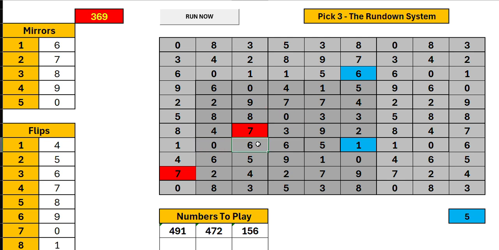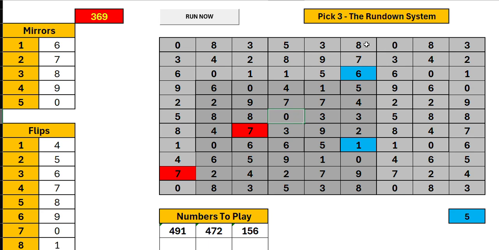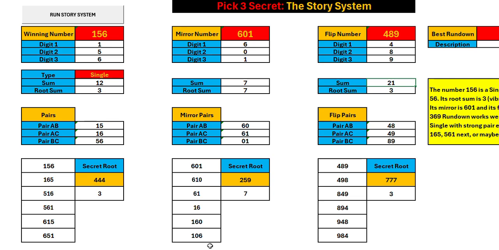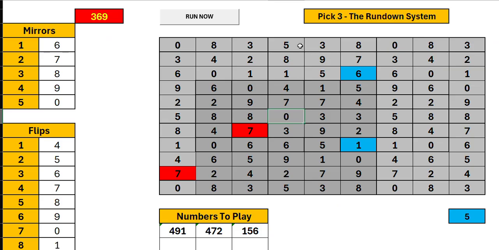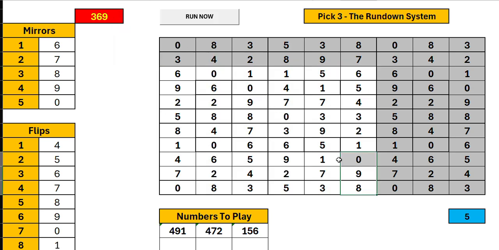I mean, this kind of works because if you look at the 7, it puts the zeros between both sides and puts the 6 below it. And then if you look under the 489, 489 is the sum of 21 still. So you just gotta kind of pick around it, really how you want to play it.